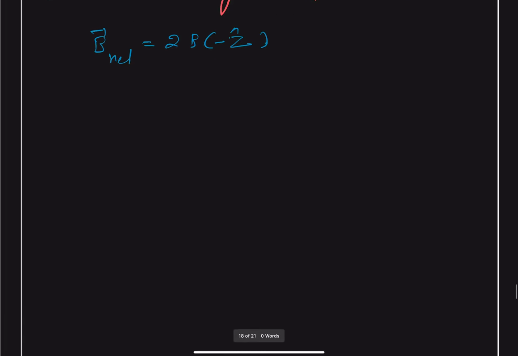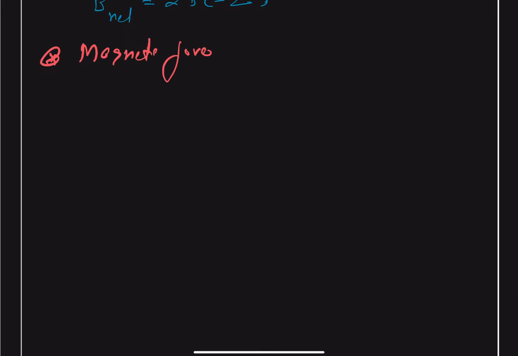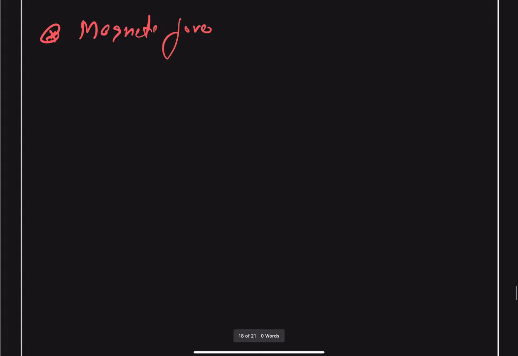Now the magnetic force, which we are going to find out. We are given that our velocity is along the z-axis, and the magnetic field is along the minus z-axis.